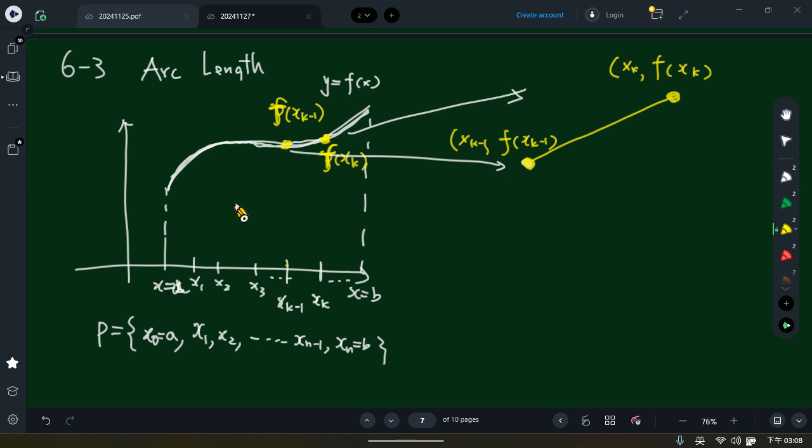Then we try to calculate it, but the true length is this one. I just enlarge this small portion to this one.